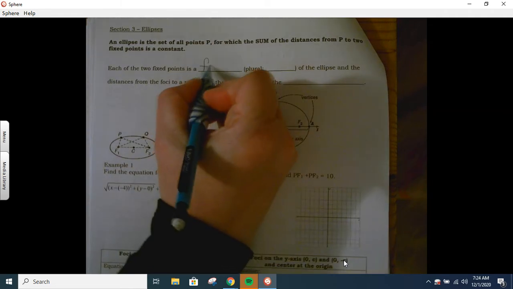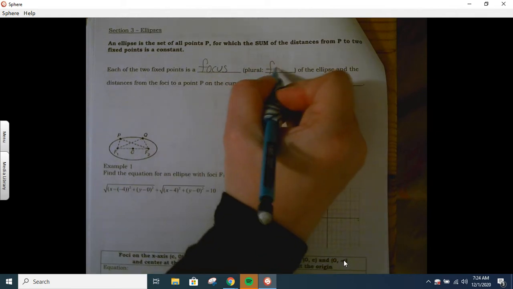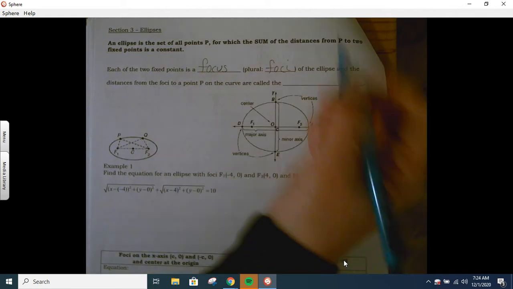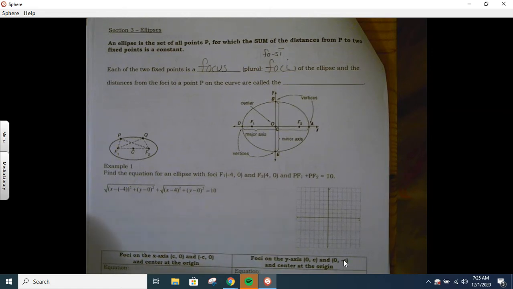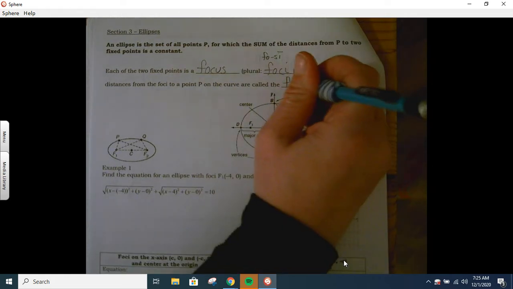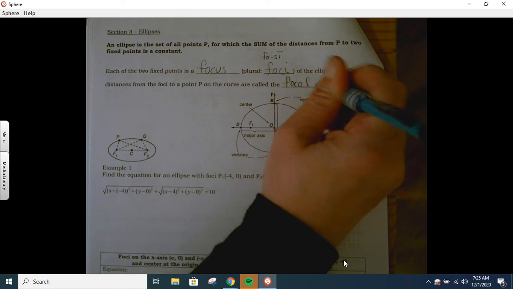Each of those two fixed points is called a focus, and the plural is foci. It looks like it says "foci," but you pronounce it "foci." So each of the two fixed points is a focus, or plural foci, of the ellipse, and the distances from the foci to a point P on the curve are called the focal radii.